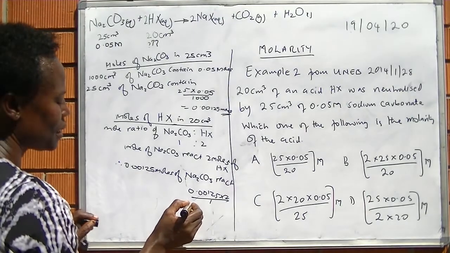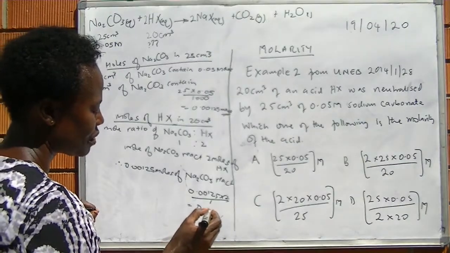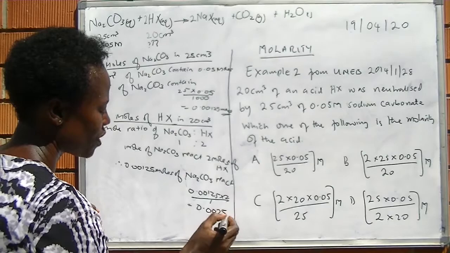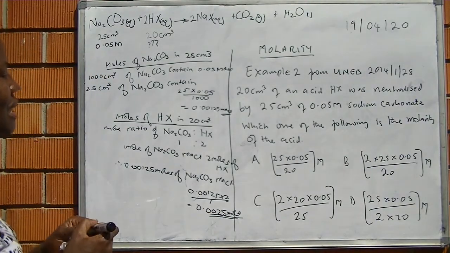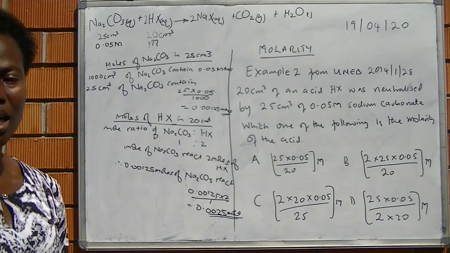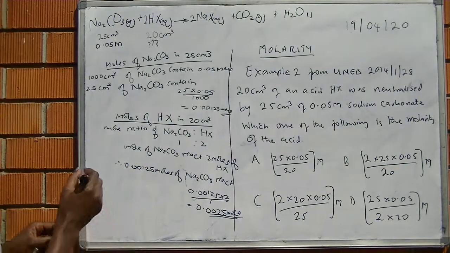And the answer will be 0.0025 moles. So these are the moles that are in 20, but we are requested to calculate the molarity.